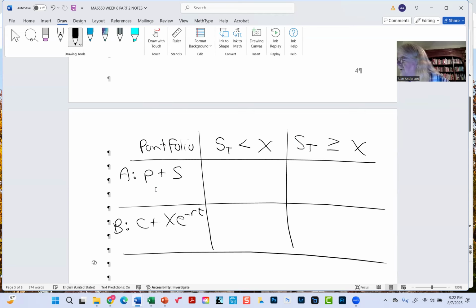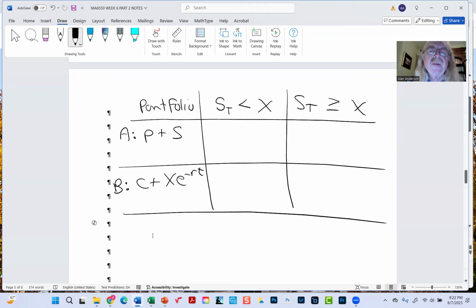So what exactly is going on here? So I just want to introduce some new notation here.